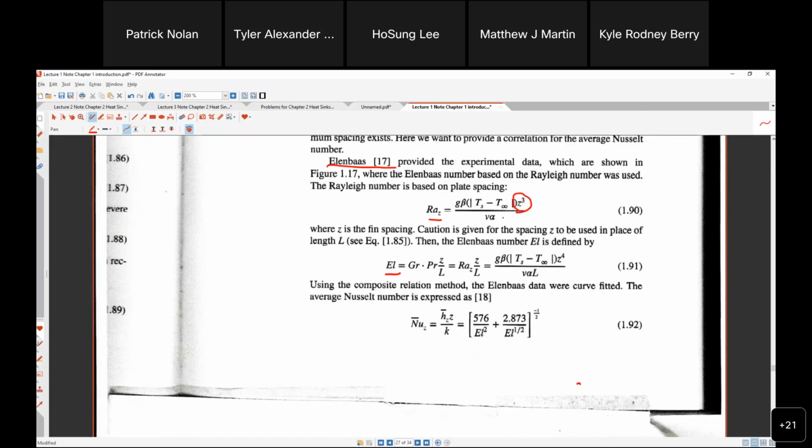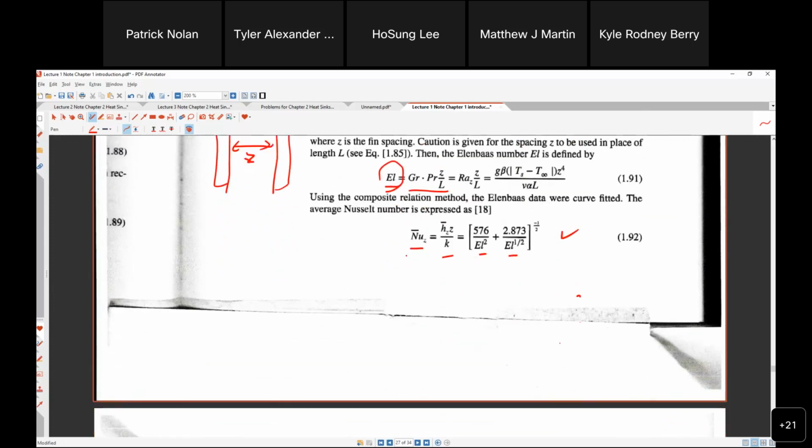Otherwise, it's similar. That's why G is the spacing between the plates. With two plates and spacing, this is Z. So L m-bar is defined something like that, and then Nusselt is based on L m-bar. This is the equation.